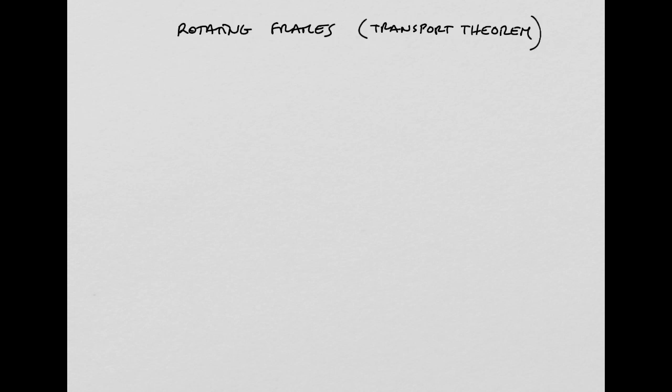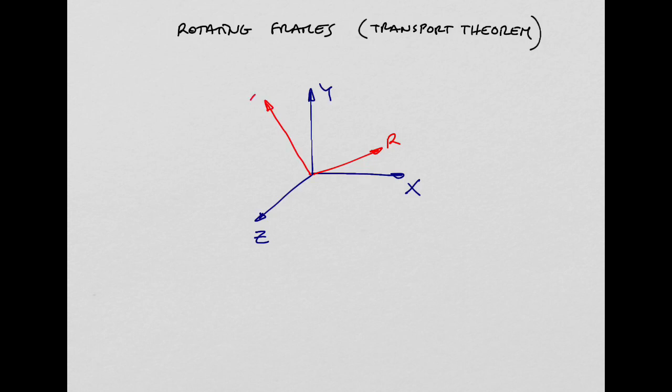We have one coordinate system, this one in blue, X, Y, Z. And then we have a rotating coordinate system, which I'm going to call RST.